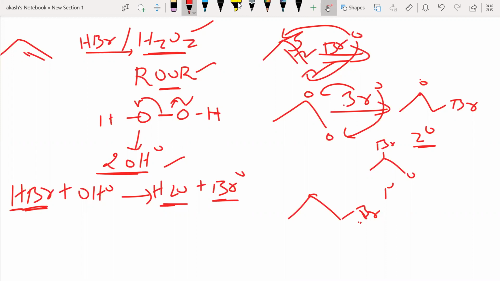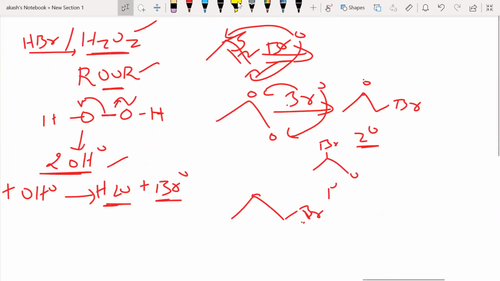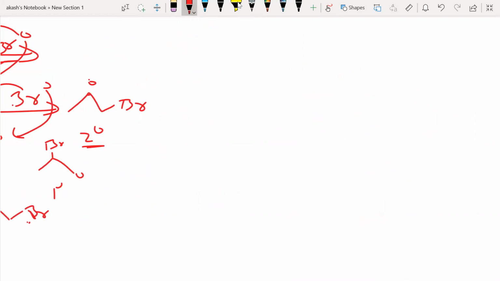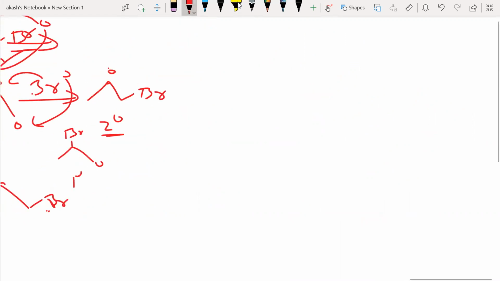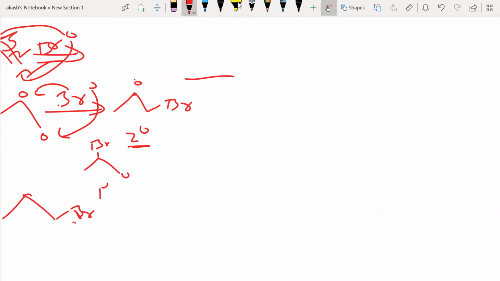Okay, now the main thing you have to understand here, guys, is when I have this combined with HCl, you again expect anti-Markovnikov's product, but you are not going to see that.